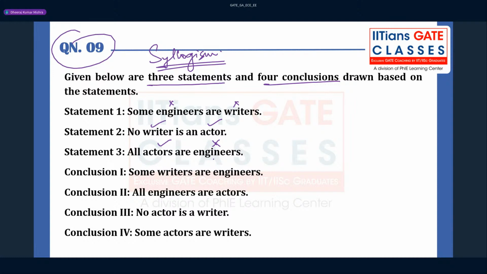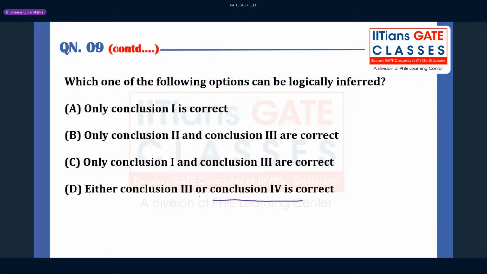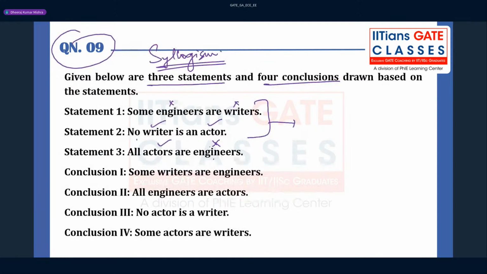Some engineers are not writers, and no writer is an actor. From here you can say this will give us some are not, because some plus no will give you negative only. Or you can say no actor is a writer. If you combine these two, you can say that no actor is a writer. So conclusion three will be certainly correct.